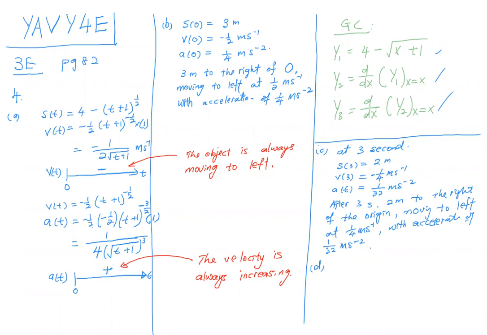Because of different signs: the sign of V(t) is always negative, the sign of A(t) is always positive, correct? So different signs imply the speed is always decreasing.